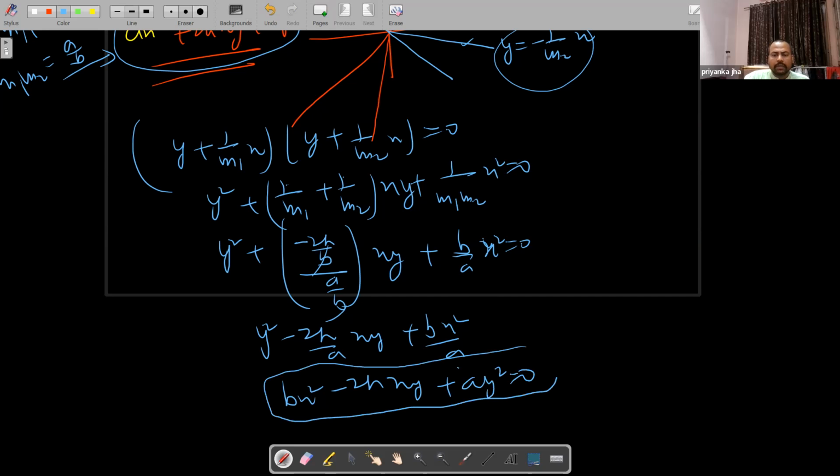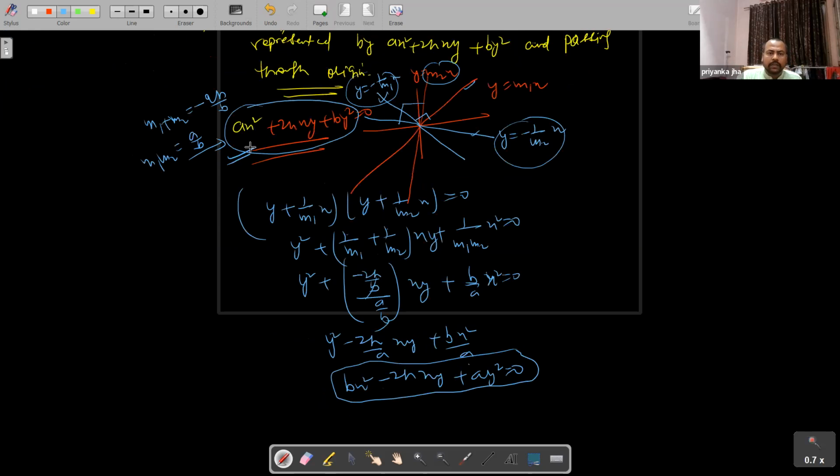This represents the pair of lines which are perpendicular to the lines represented by this. So you just have to replace ax square, now it is bx square; by square, it is ay square. So a crosses like this with this, and here just reverse the sign.